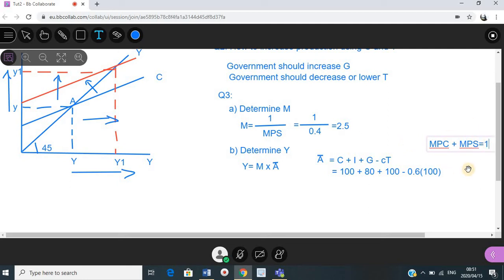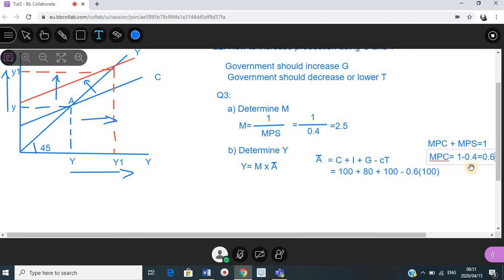So the marginal propensity to consume is going to be equal to 1 minus the marginal propensity to save, which is known, 0.4. So it is going to be 1 minus 0.4, and it should be equal to 0.6. So 0.6 is the one that we are using here.